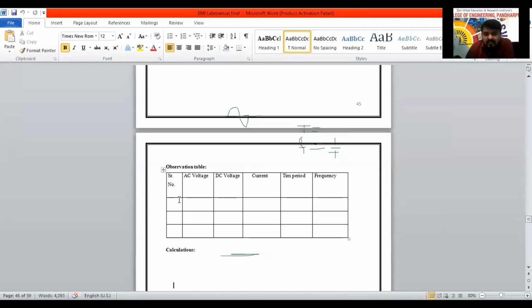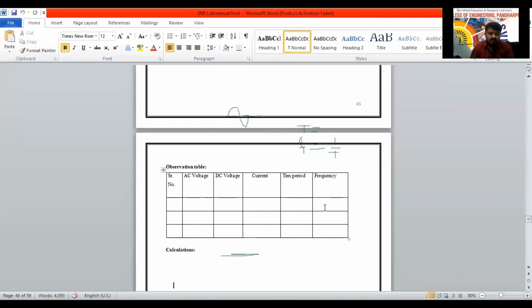So the serial number, AC voltage I am going to show, but DC voltage randomly I will give the reading here now. We can write down the current by considering 5 ohm, 10 ohm, and 15 ohm resistance. 3 voltages you can measure here. Only 2 readings I will give. And time period you can note down, and according to that I will also show you the frequency in the display of that practical. Okay, just a minute.